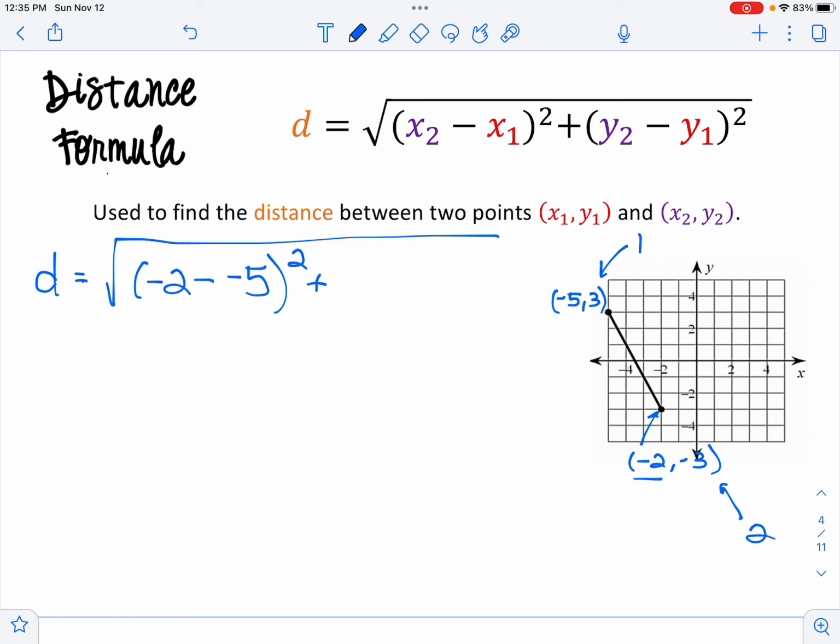And then add to that y2. So y from the second point, -3, minus y1, which is 3. And then we're going to square that. Okay, so now we're going to do -2 minus -5, which is 3.